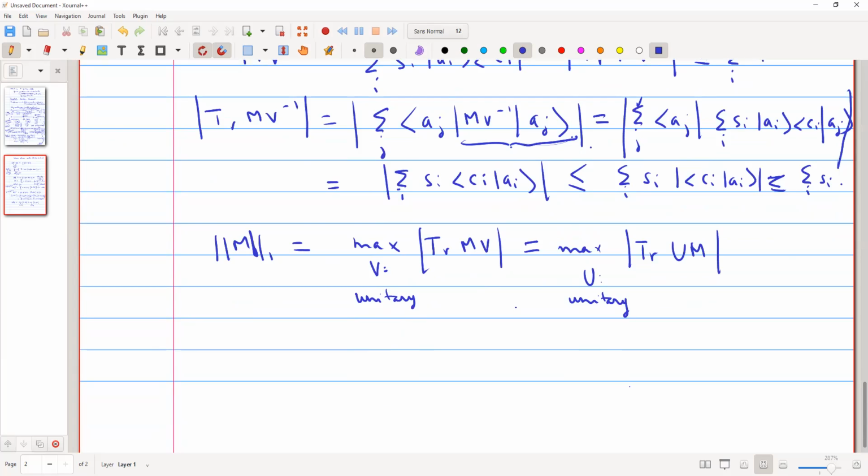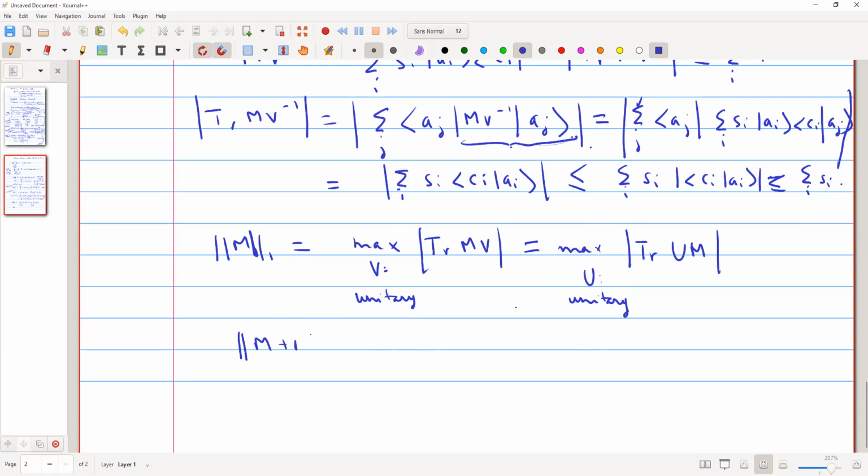Now I want to prove the triangle inequality for this so-called one norm. That will complete the proof that this one norm is indeed a bona fide norm. So let us see.